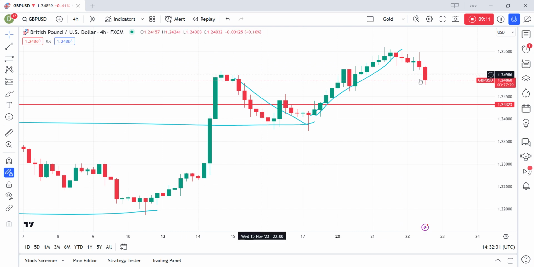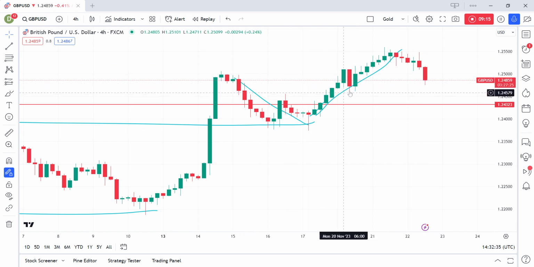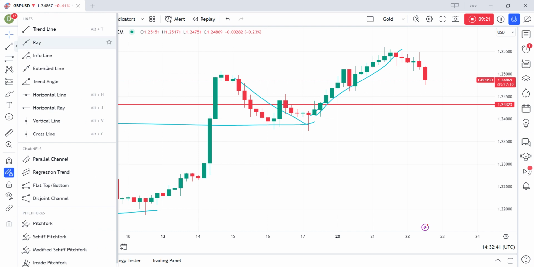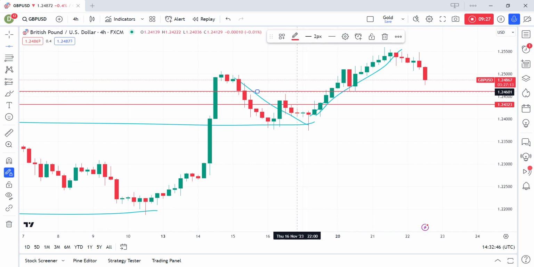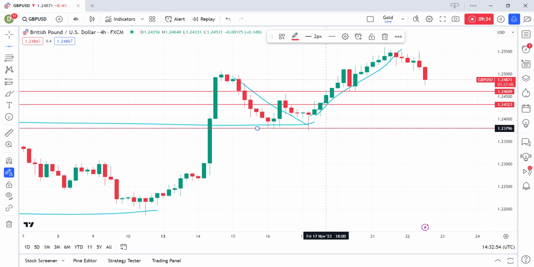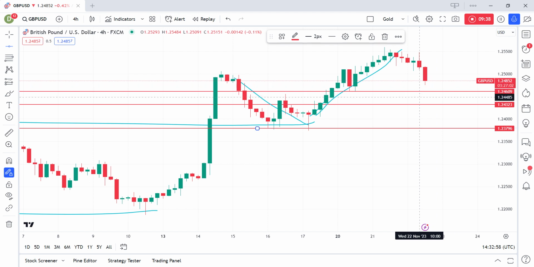So now all I can assume is that the price is basically going to be retesting these levels here. I think that I'm expecting it to happen, but it can even drop down as far as here. So you just have to play it all out and see what's happening on a higher time frame.